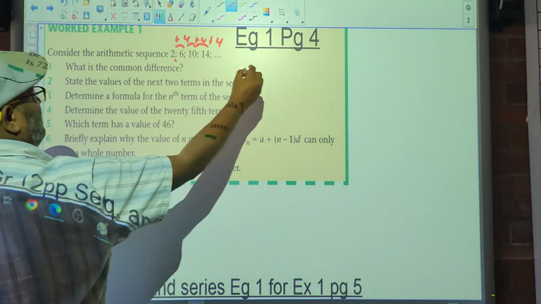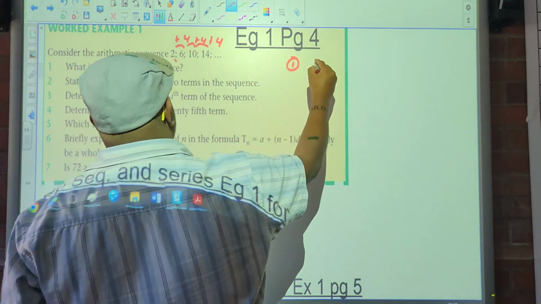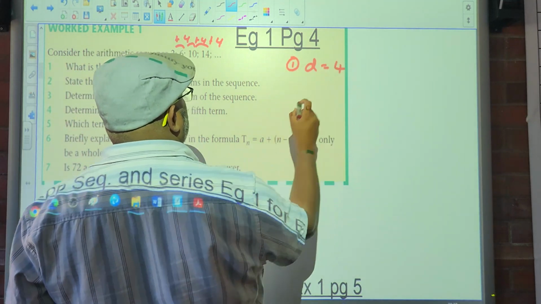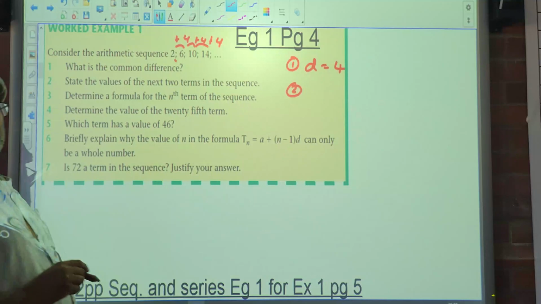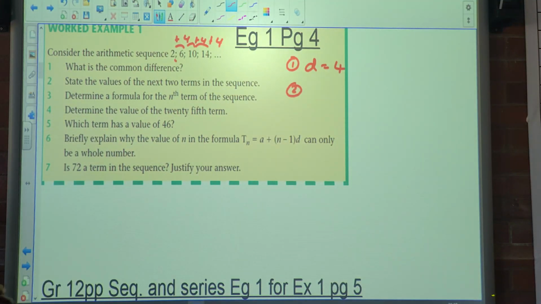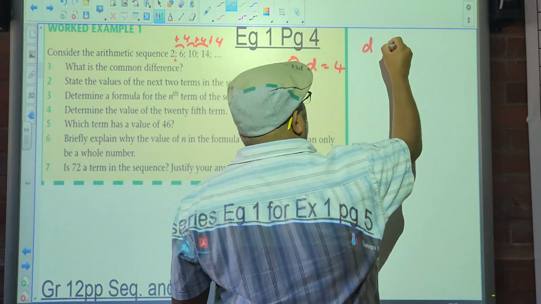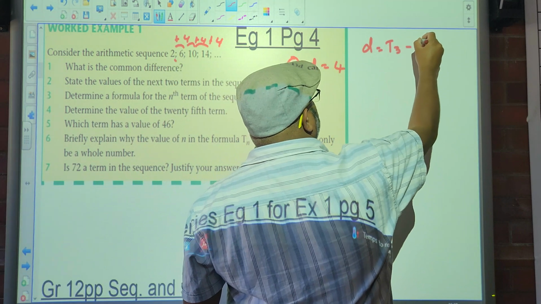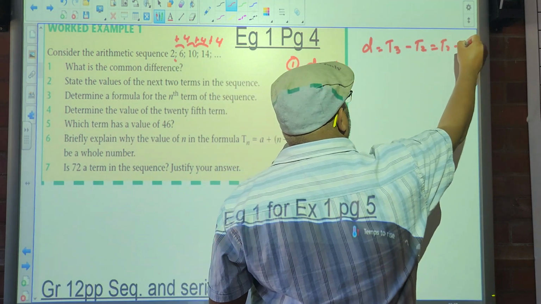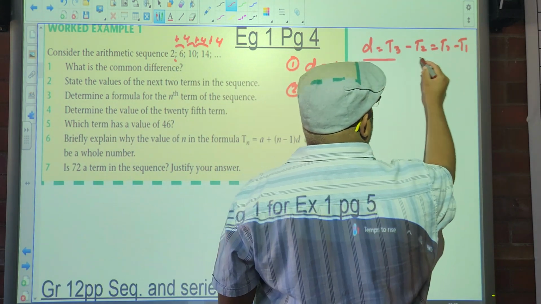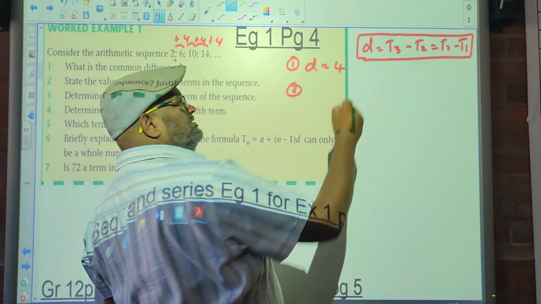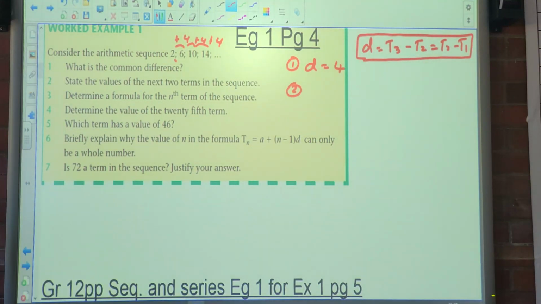So therefore, the answer to number 1, your common difference is simply 4. You all agree with that? And how do we work out the common difference? We know that your common difference is going to be T3 minus T2 is equal to T2 minus T1. People, if that is not equal, then it's not considered as a common difference.